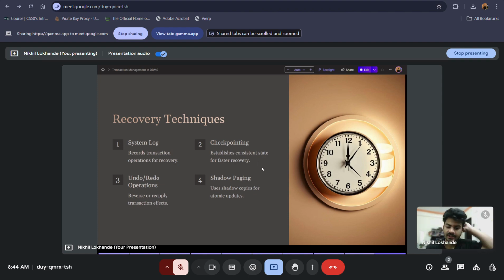By putting checkpoints in your transactions, the recovery process can be faster, and you only have to recover to the checkpoint, not the whole transaction. Undo and redo operations: reverse or reapply the transaction effects. Shadow paging basically means using shadow copies for atomic updates, so your system will update atomically.